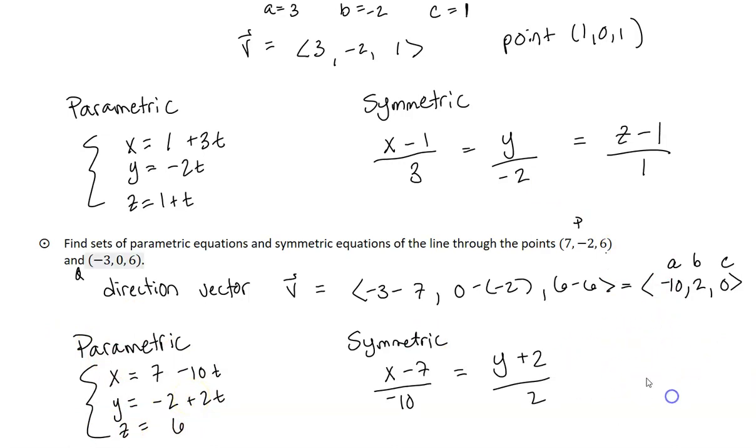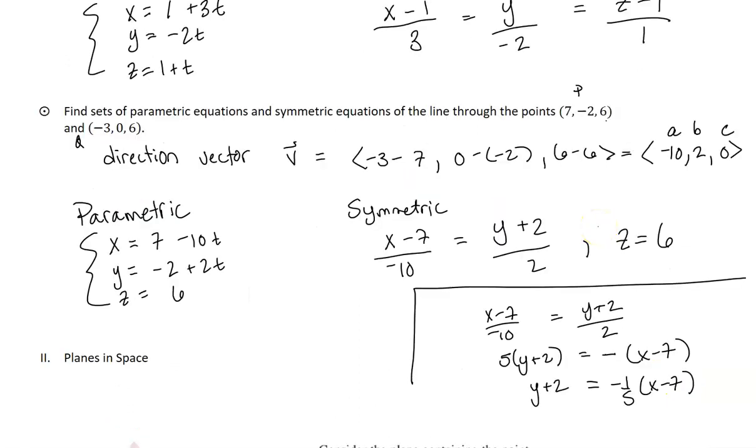So if you wanted to describe the line, you would say it's all the points such that this is true and z is equal to 6. Basically it's a line in the plane that is parallel to the xy plane but at z equals 6, so it's just raised above the xy plane.